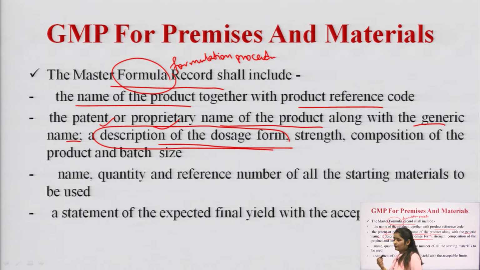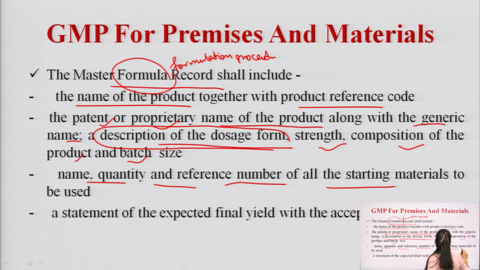Either we are going to prepare syrup, tablets, or capsules, along with the description, strength, composition of the product and batch sizes should also be disclosed there, and the name, quantity and reference number of starting material should also be mentioned there.